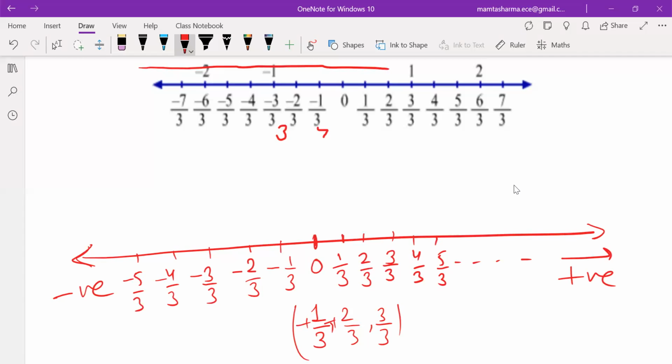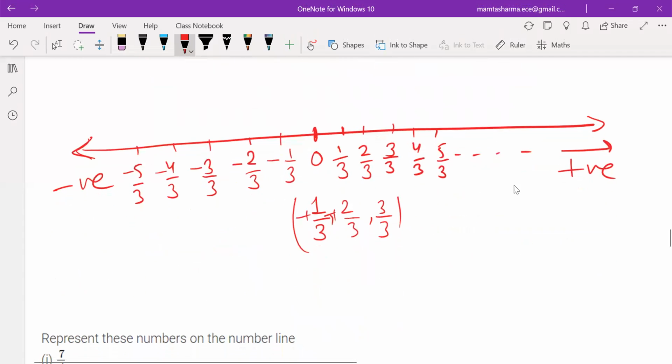Now suppose I say represent 1 by 10, 2 by 10, 3 by 10 on a number line. How will you represent? Nitya Shri? Yes, ma'am.